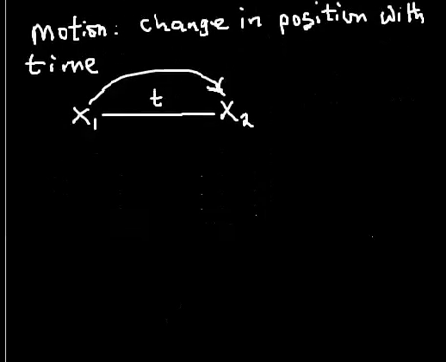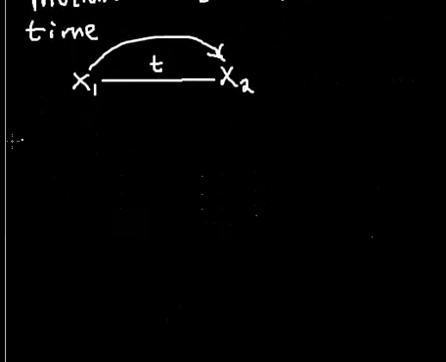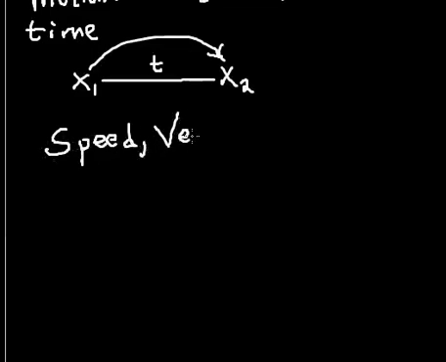Now we are going to be looking at the basic terms used in describing motion, and those basic terms include speed, velocity, and acceleration.